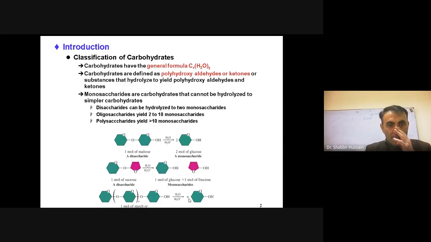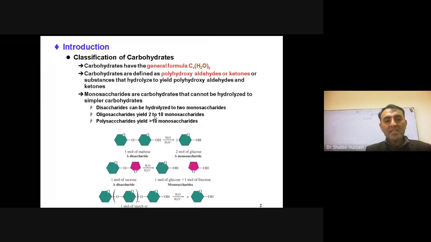So a monosaccharide cannot be hydrolyzed to simple carbohydrates; an oligosaccharide on hydrolysis gives 2 to 10 monosaccharides. If hydrolysis yields 2 monosaccharides, it is called a disaccharide.